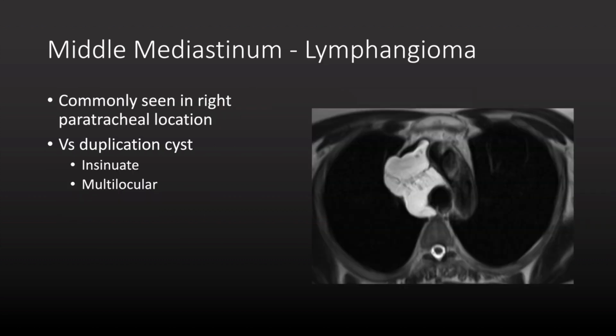The other thing you can consider in the middle mediastinum as far as cystic lesions is a lymphangioma. These, as opposed to the duplication cysts, which tend to be sort of oval in shape, the lymphangiomas tend to kind of insinuate within different compartments, but regardless, they are benign.